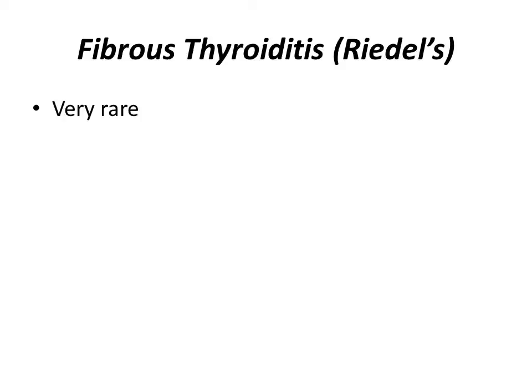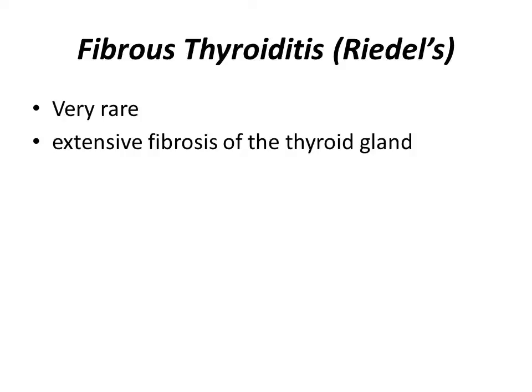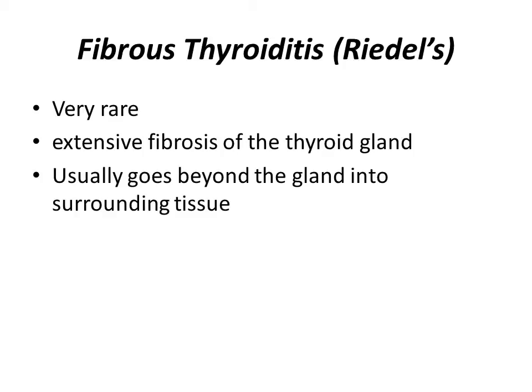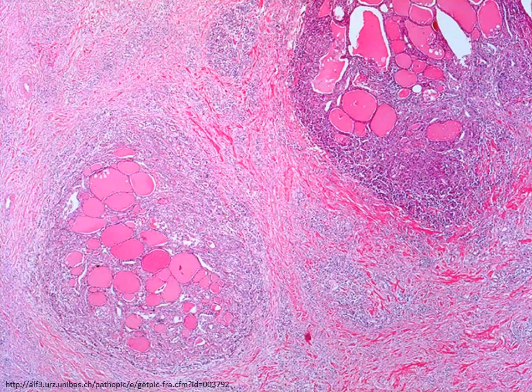Fibrous thyroiditis, or Riedel thyroiditis, is a very rare disease that shows extensive fibrosis of the thyroid gland. It usually goes beyond the thyroid gland into the surrounding tissue, making cancer one of the differential diagnoses.